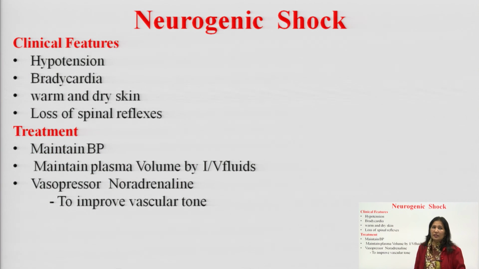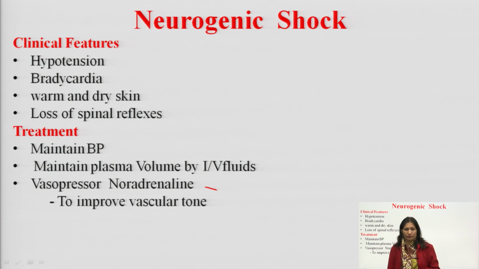So, what are the features? Clinical features are hypotension, bradycardia, warm and dry skin and loss of spinal reflexes. What is the treatment? We need to maintain the BP, maintain plasma volume by intravenous fluids, and a vasopressor, noradrenaline, is given to improve vascular tone.